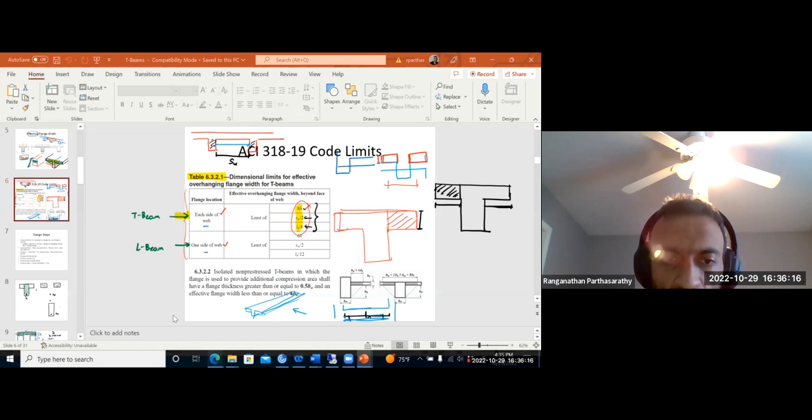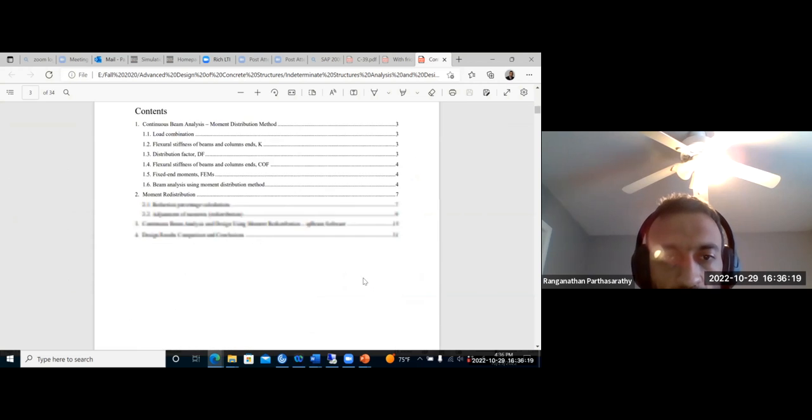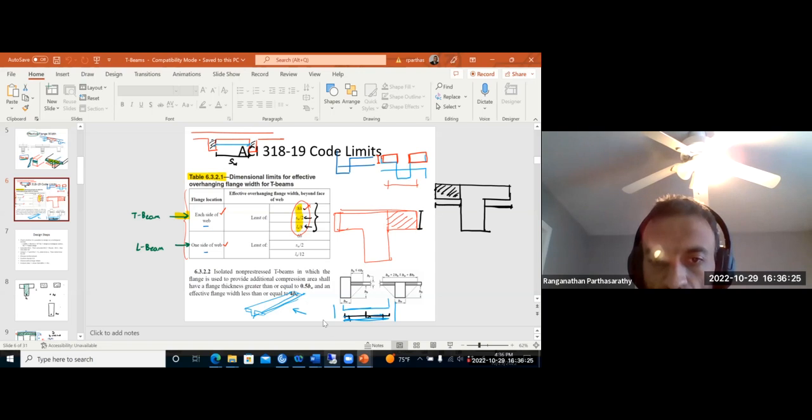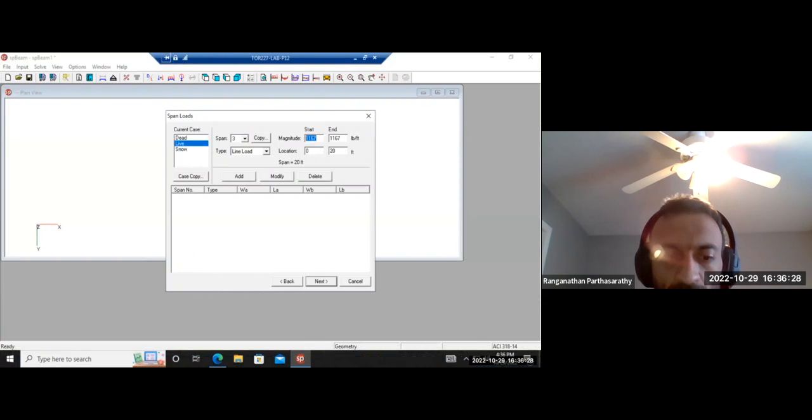Now live load. Live load is 450 pounds per foot. 450, the entire span 25 feet. Span 2, span 3.